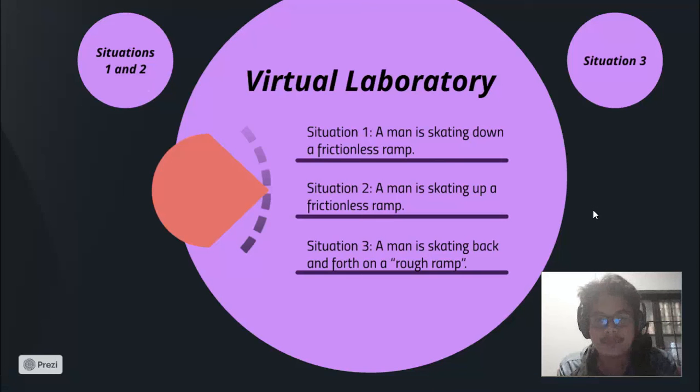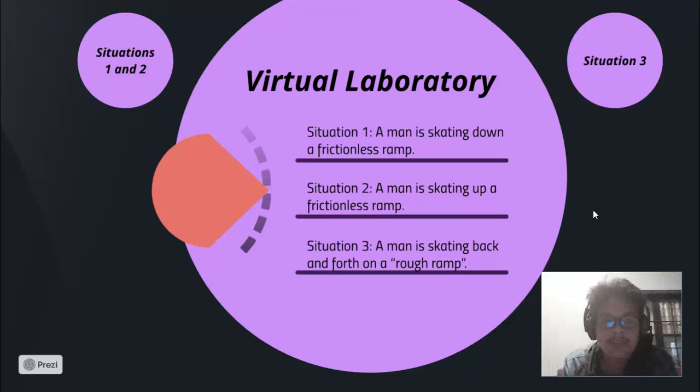In situation 1, we have a man skating down a frictionless ramp. Take note that this ramp is frictionless. A man is skating down. Next, we have situation 2, a man skating up the frictionless ramp. As you can see there, situation 1 is going down, situation 2 is going up.